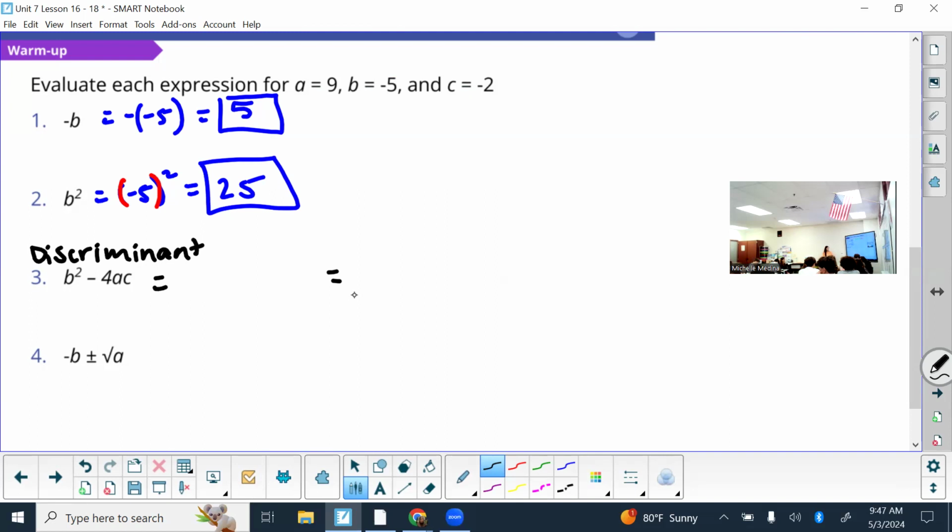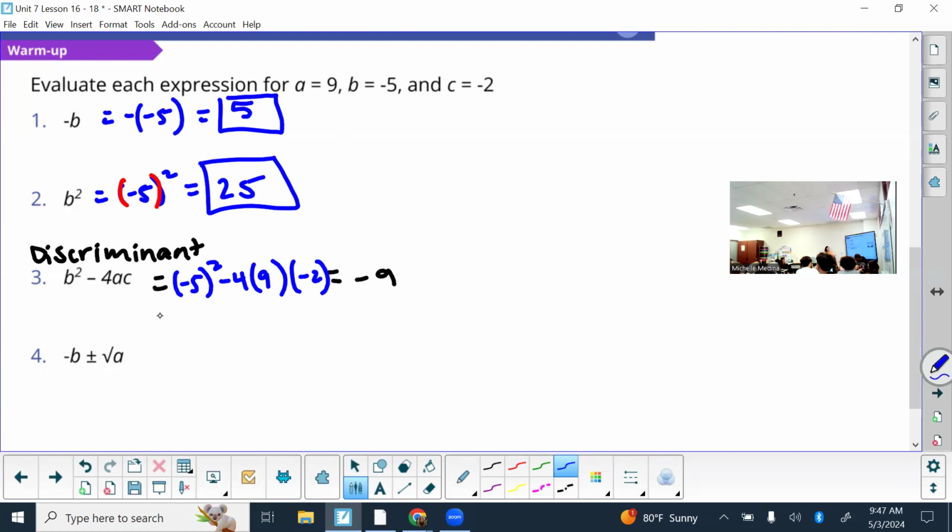Okay, so let's see if that's right. So when I plug in, I would do -5 in parentheses squared, -4 times 9 times -2. So this is the first time we're having to plug in the 9 and the -2 for this formula.